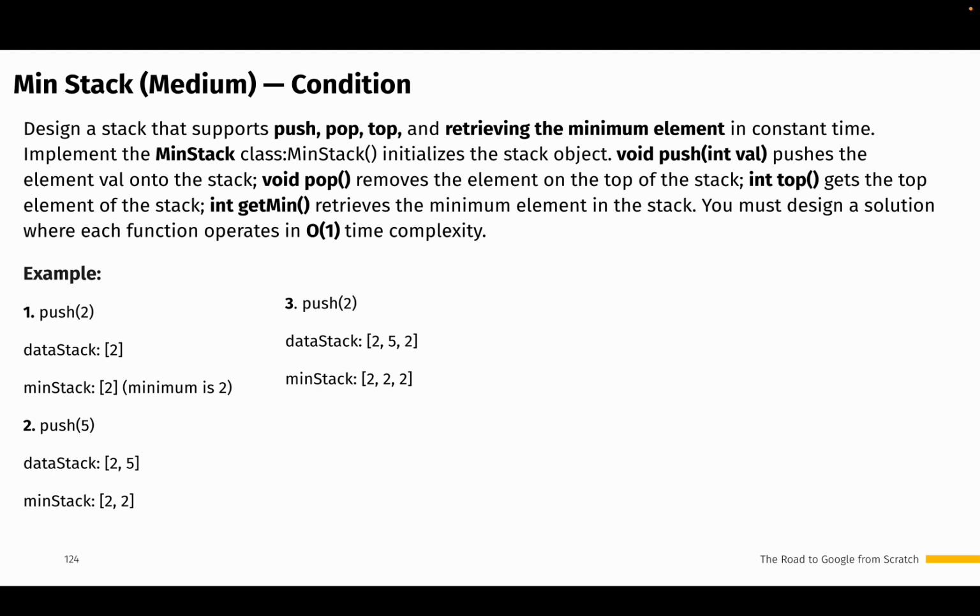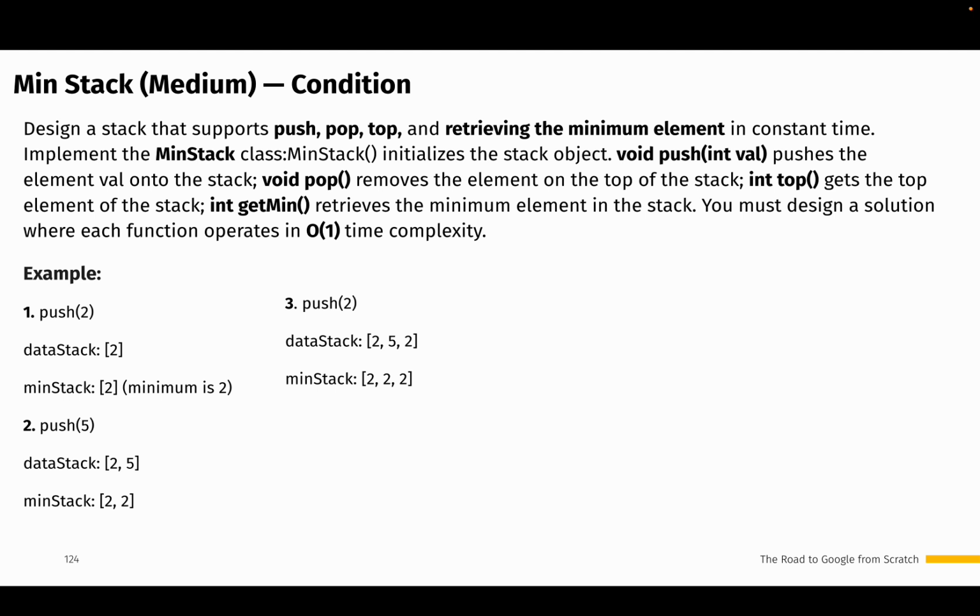So that's the main idea here. Also another important thing to understand is that the top of the minimum stack always holds the minimum element for the current state of the main stack.